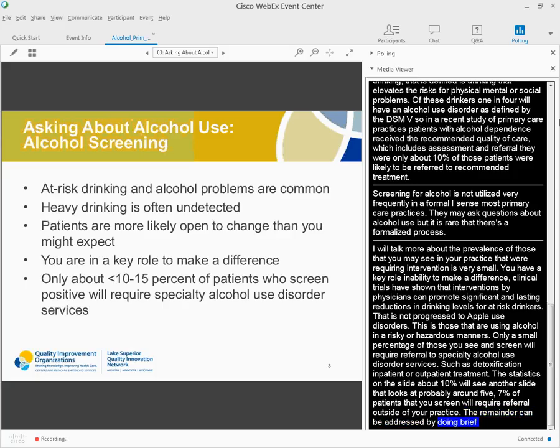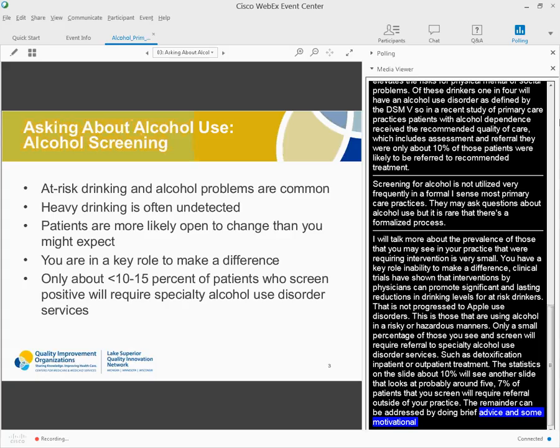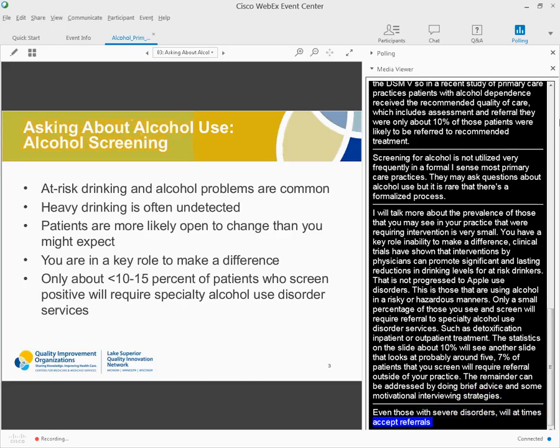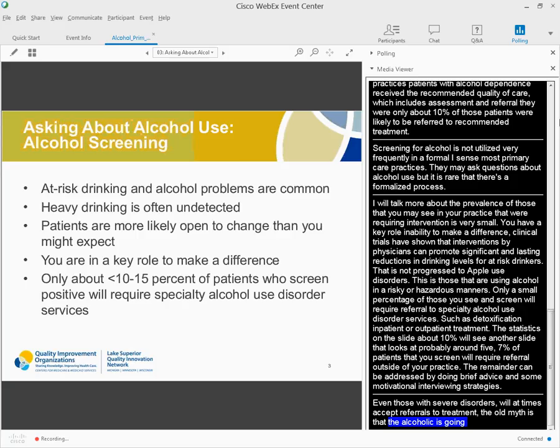Okay? Even those with severe alcohol use disorders will at times accept referrals for specialty treatment. The old myth is that the alcohol dependent person is going to be really resistant to treatment and they're going to refuse.